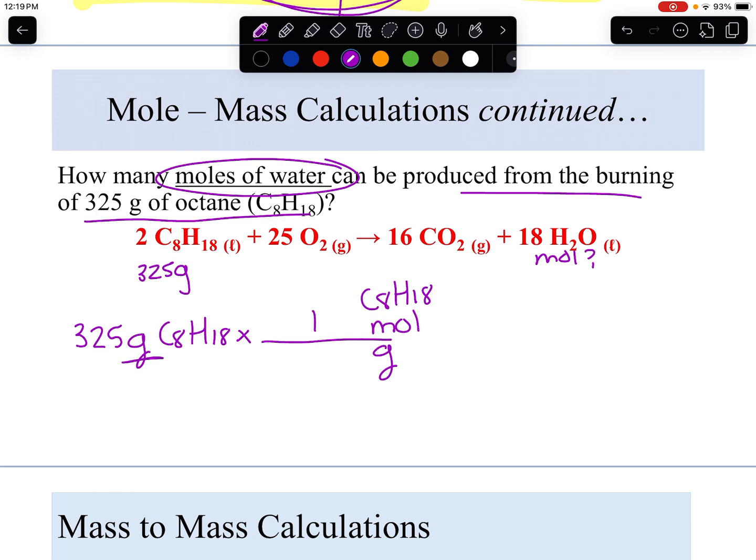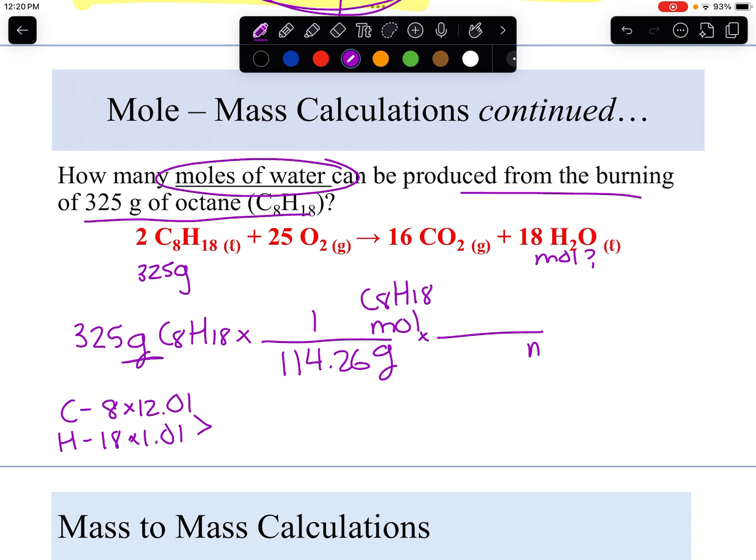Now, remember, grams to moles is always 1 with the mole, and with the gram, you add up C8 of them times the mass on the periodic table, and H, which there are 18 of them, times 1.01. When I add that up, I get a total of 114.26. Okay? Do not solve. You keep going.